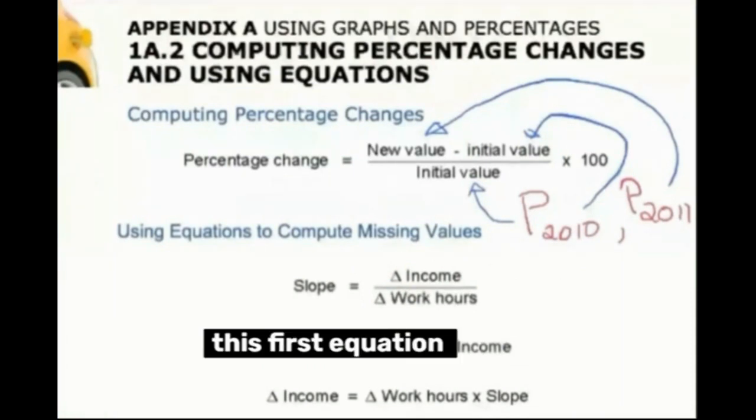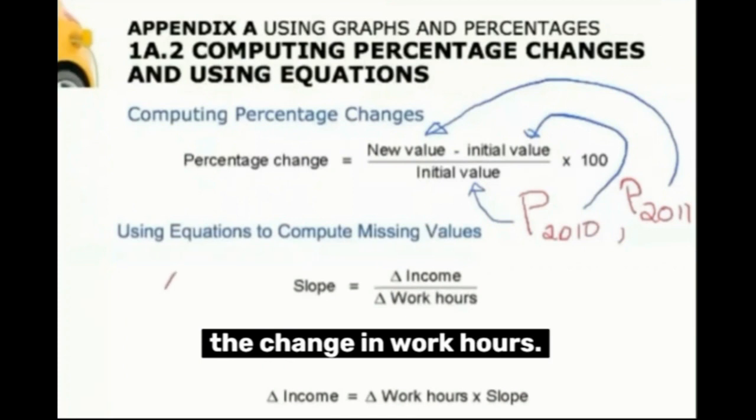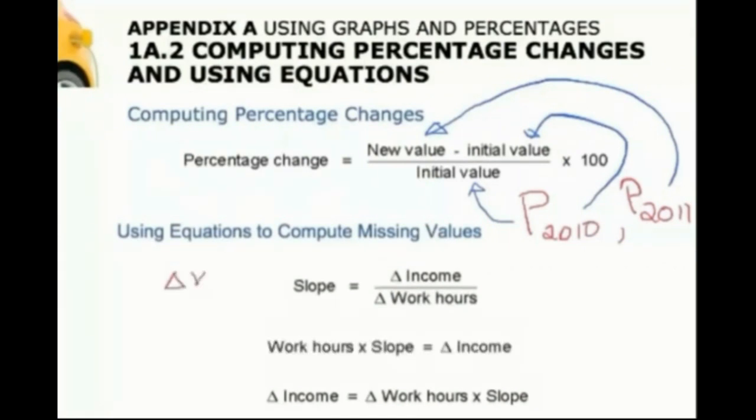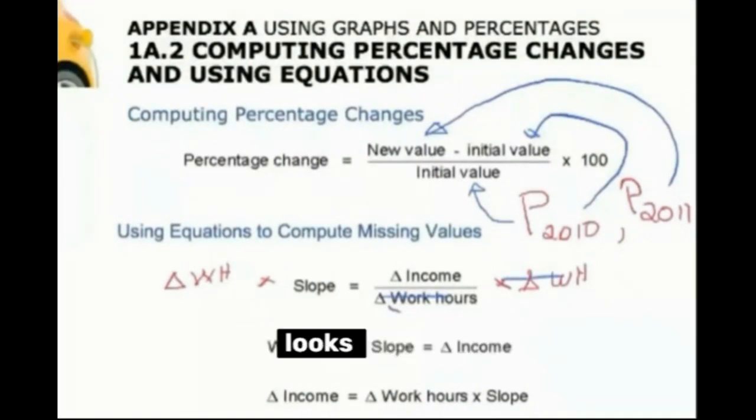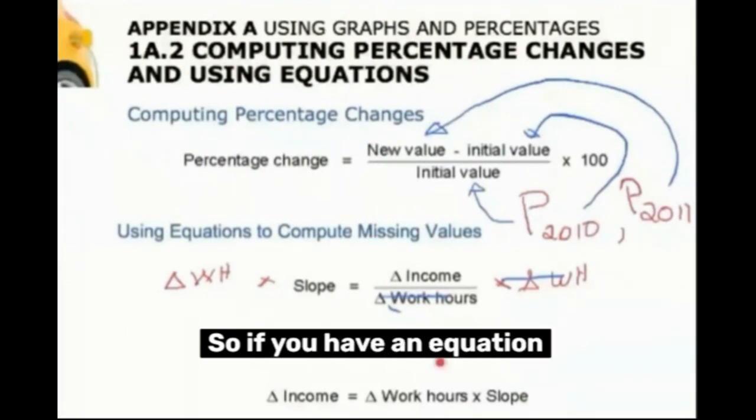So suppose we look at this first equation and we multiply both sides by the change in work hours. Well, if that's the case, then the change in work hours on the right-hand side will cancel each other out, and we'll have it left on the left-hand side, and we get an equation that looks like this: the change in work hours times the slope is equal to the change in income.